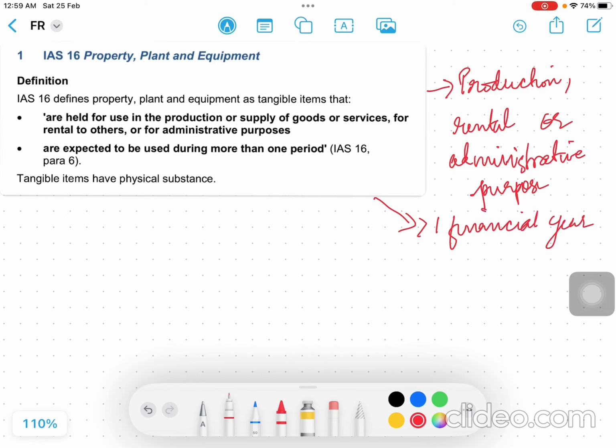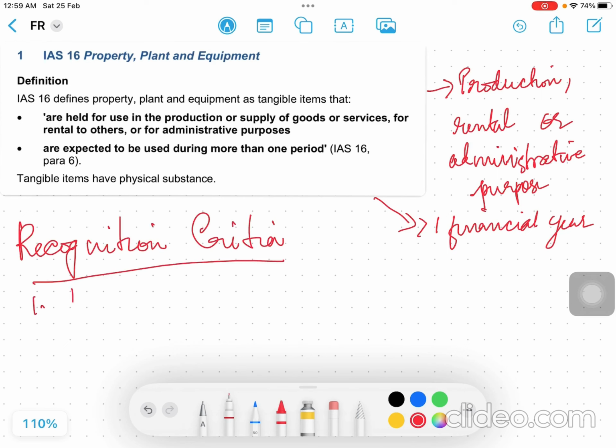In every IAS and IFRS, there are certain recognition criteria according to which you group your assets in the respective standards. So here the recognition criteria of IAS 16 is, first one, probable future economic benefits.